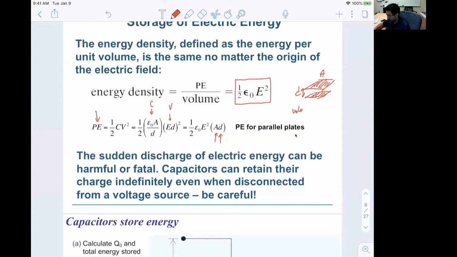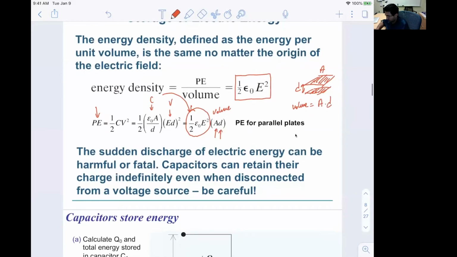The volume is going to be A times d, and this is the energy density. When you multiply the density with the volume, you get the total energy.